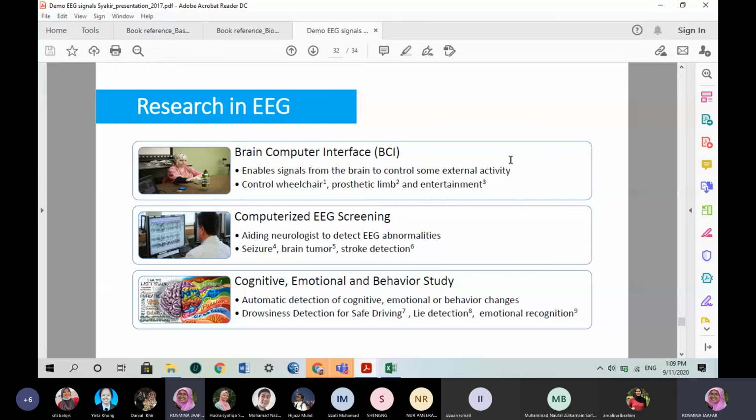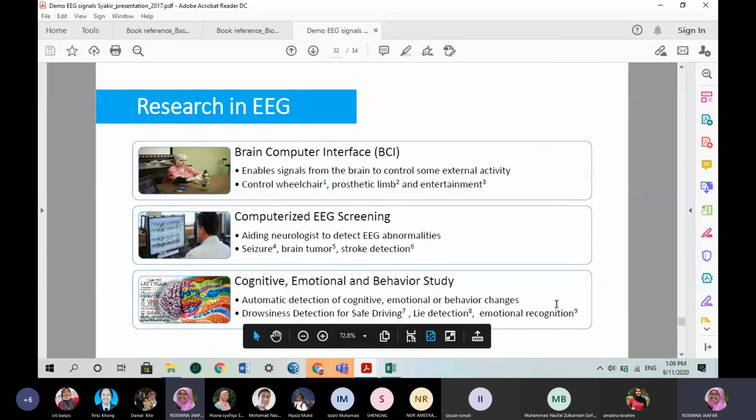Computerized EEG screening aids the neurologist to detect EEG abnormalities, to identify seizures, brain tumor, and also for stroke detection. And they also do EEG studies for cognitive, emotional, and behavior study. The last one is normally done by the psychiatrist.